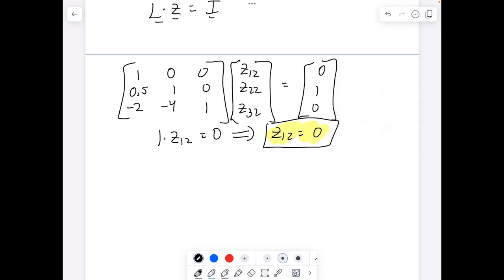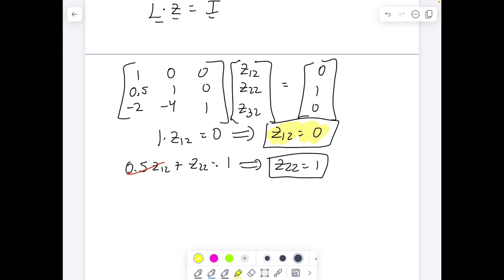Okay, we're back. So the last thing we ended with was finding Z12 and seeing that that is 0. So what we'll do now is go to the second equation to find Z22, which has that 0.5 Z12 plus Z22 is equal to 1. Well, Z12 is 0, so that tells us that Z22 is equal to 1. Easy.